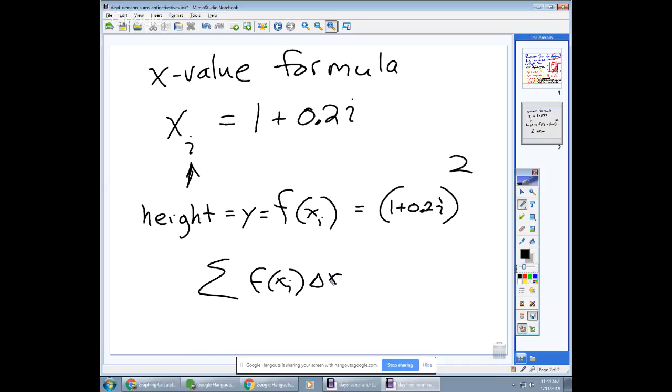So my function value I just calculated here. So I'm going to have the sum of (1 plus 0.2i) parentheses squared. And what's my delta x here? Yeah, so I'm going to multiply this by 0.2. I chose my variable to be i here, so i is going to have to start somewhere and end somewhere.